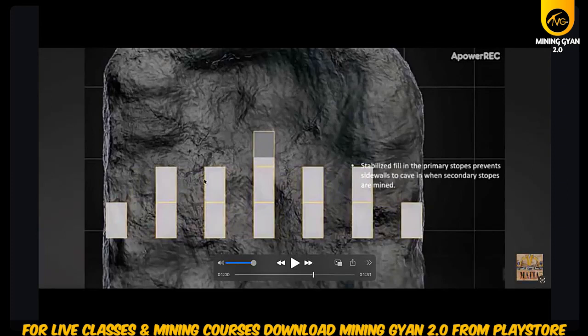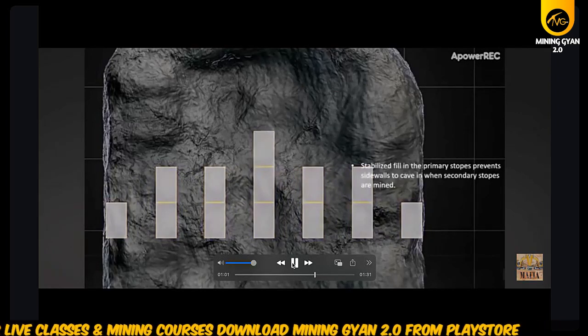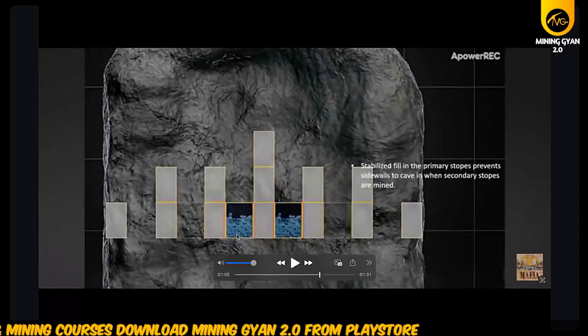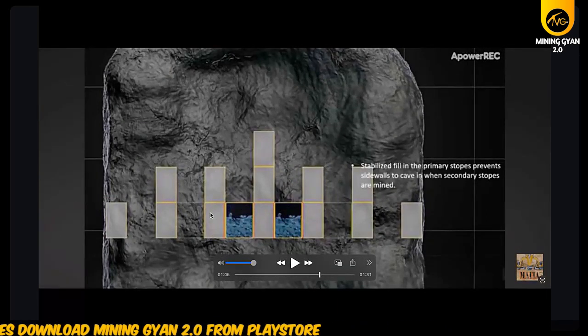So backfilling we will do after the material has been removed, where the extracted portion is filled with the paste filling.